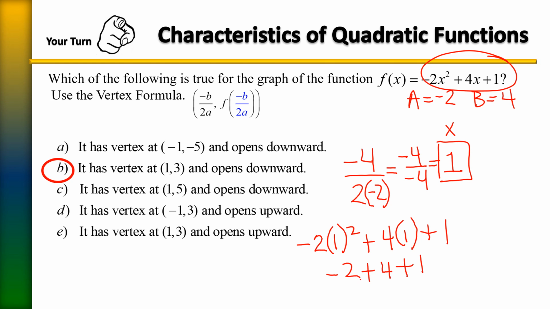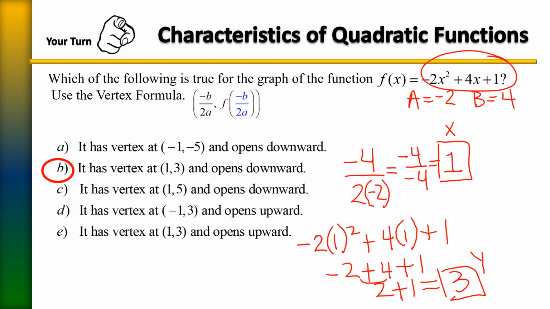Now moving from left to right, combining a negative 2 with a positive 4 is going to give you a 2. 2 plus 1 gives us 3. So our y value is 3. And that is why it is choice B with a vertex at 1, 3.